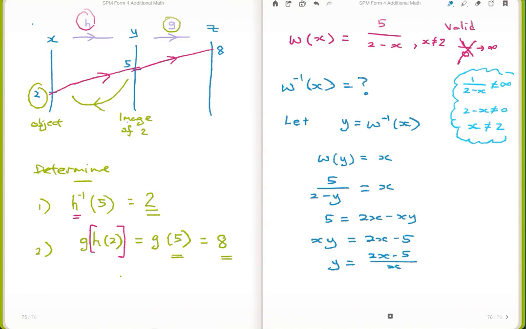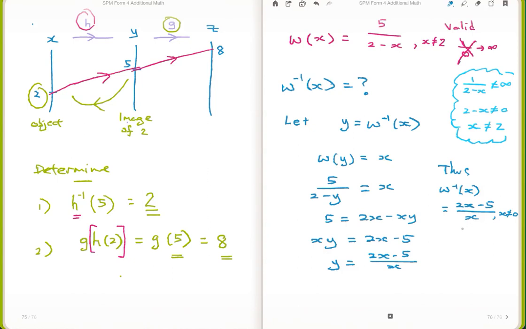Thus, the inverse of x is 2x minus 5 over x, where x can never be equal to 0.